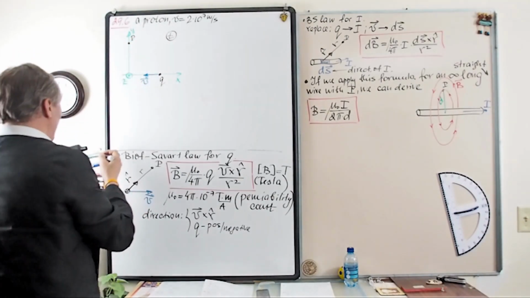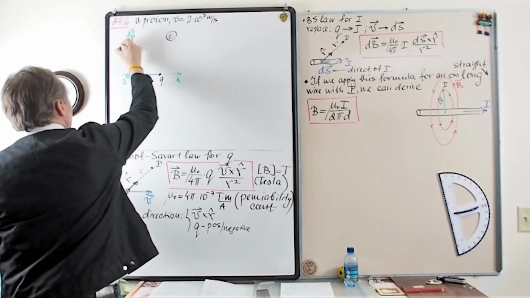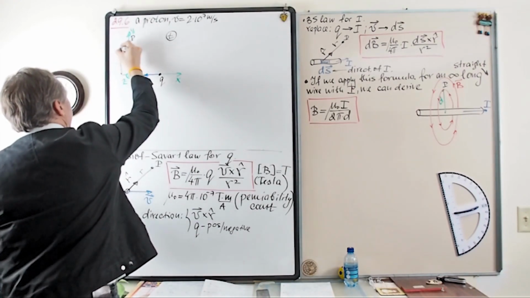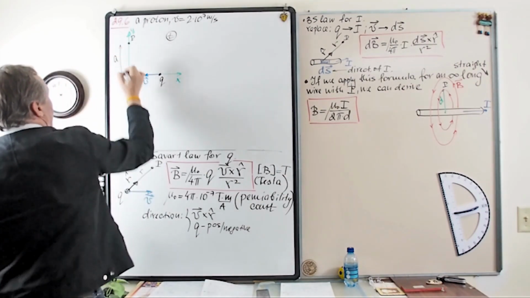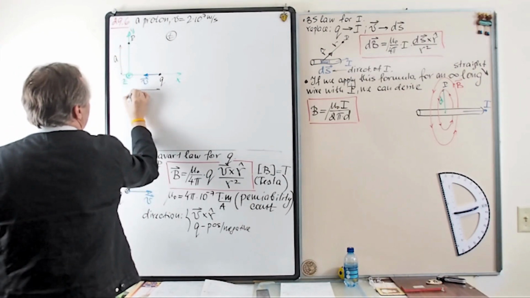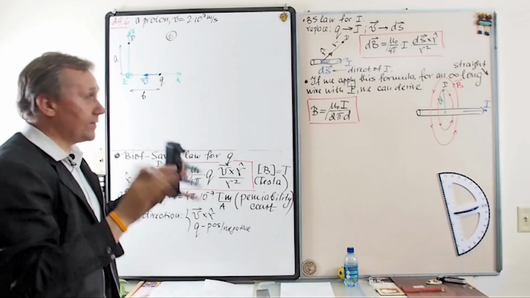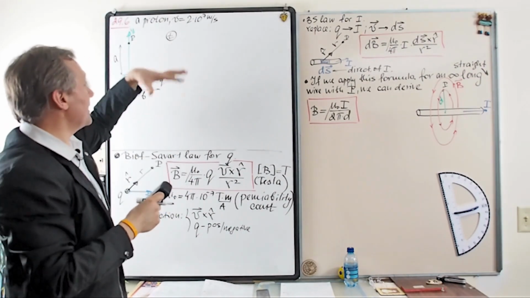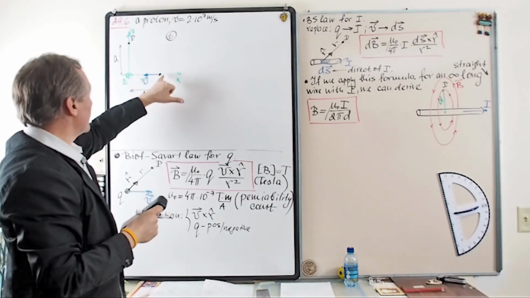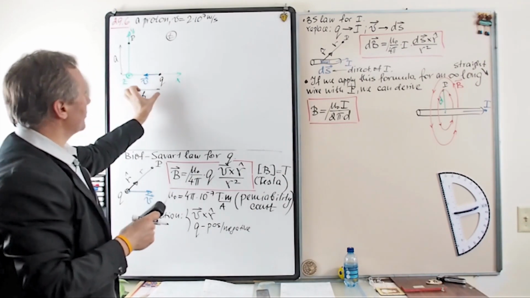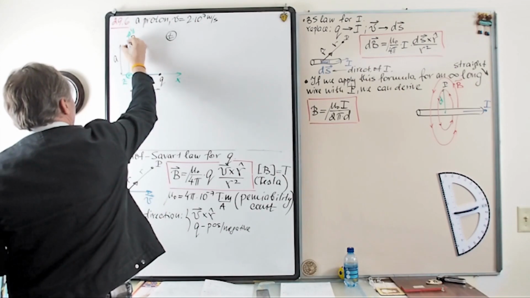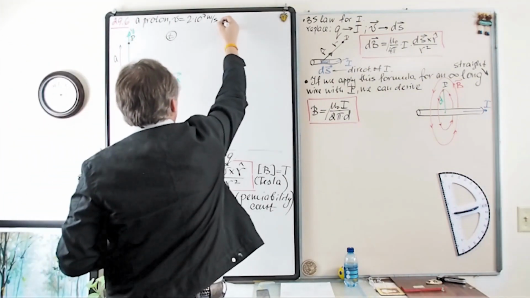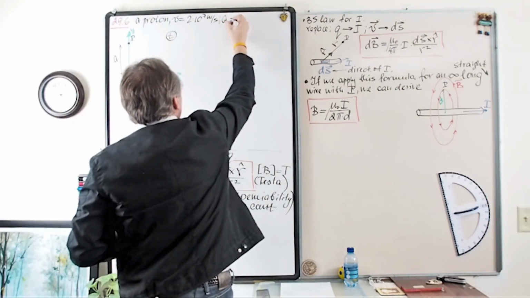So what do we know about that point? We know that this distance is A and this distance is B. It's just at this particular moment of time. Of course, at the next moment the charge will get closer to this point, so B will start going down and so on. But at this particular moment, this distance is A, this distance is B, and these distances are equal.